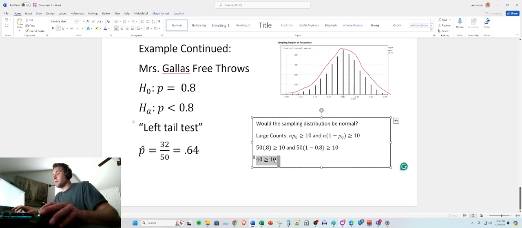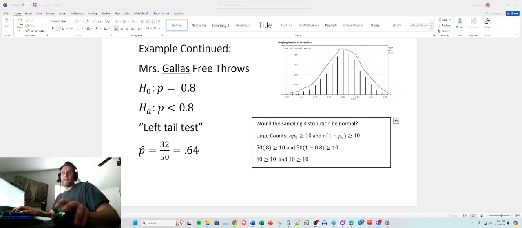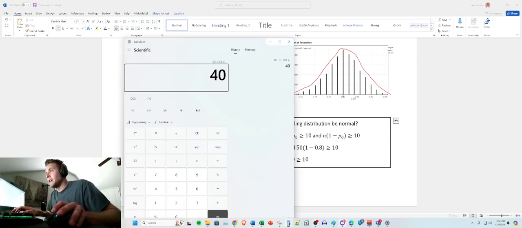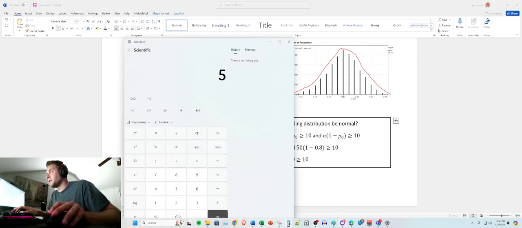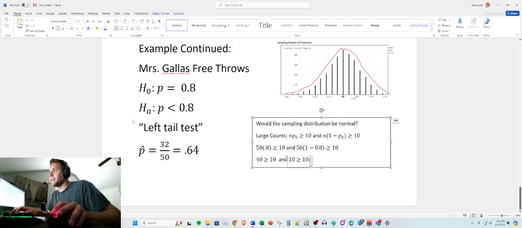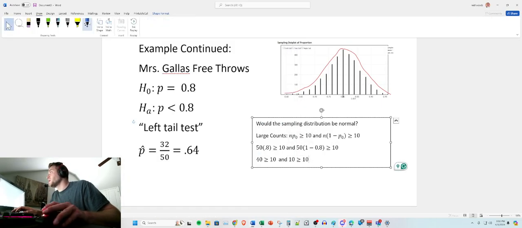And then we know the other one would be 50 times 0.2. So that's 10 exactly. So both of these conditions are in good shape.